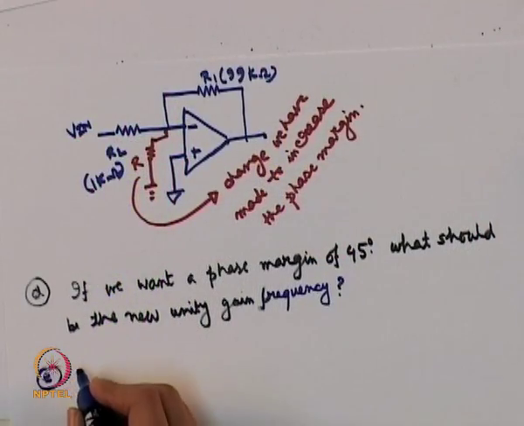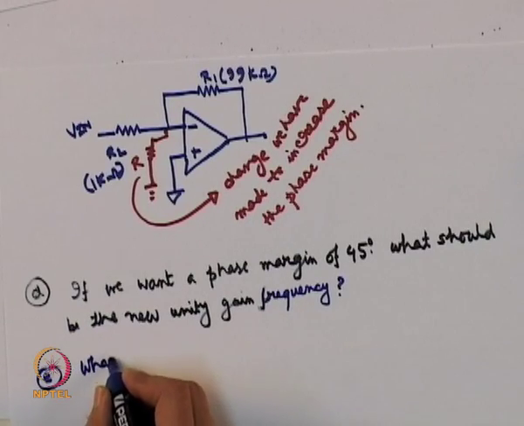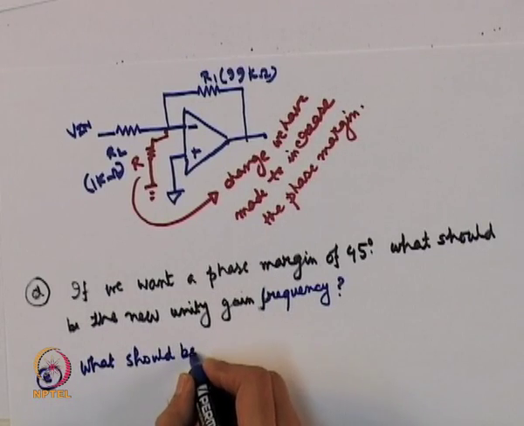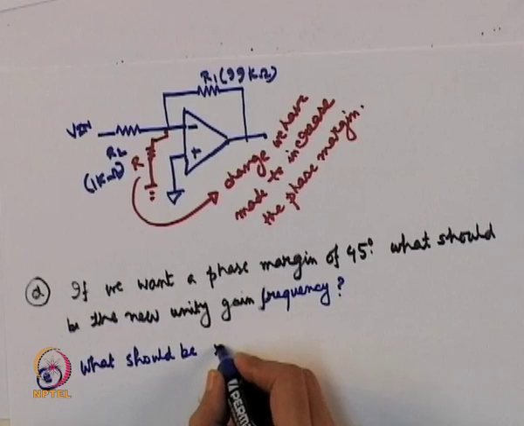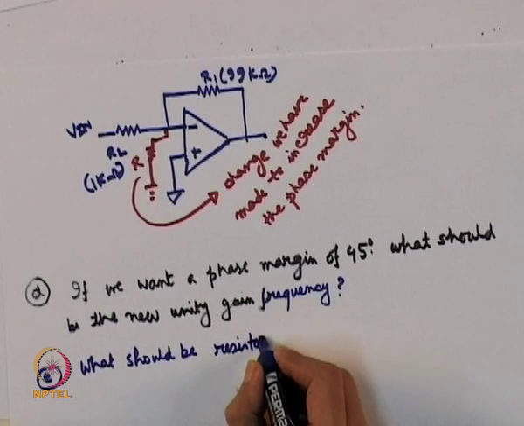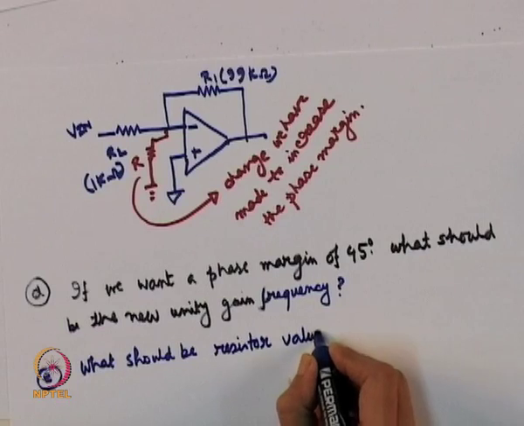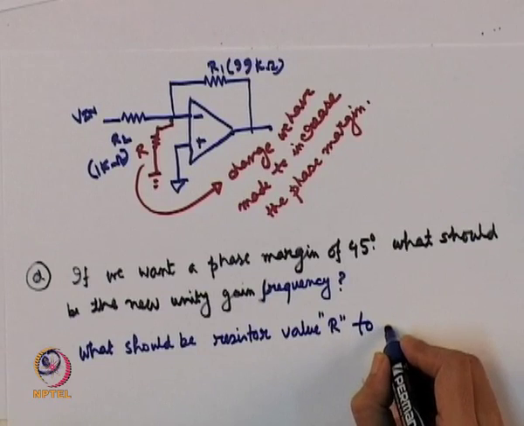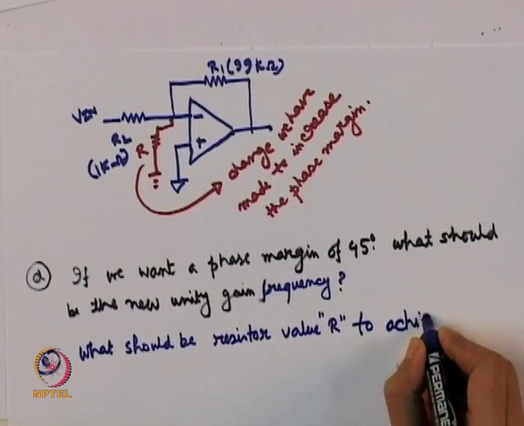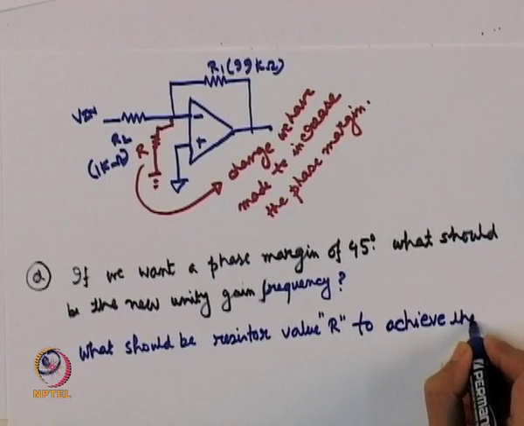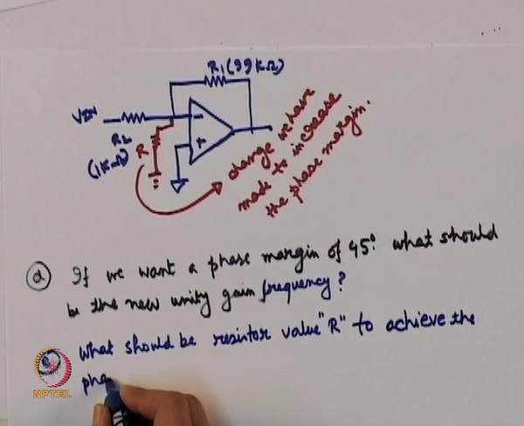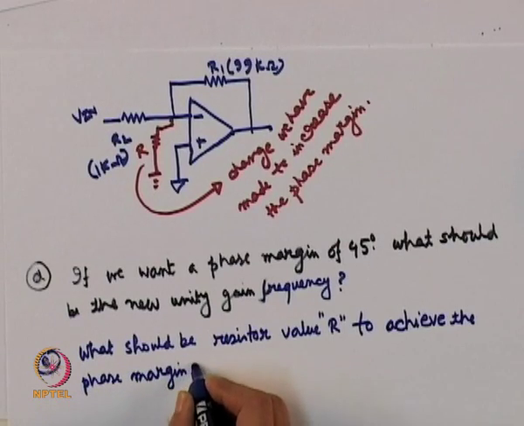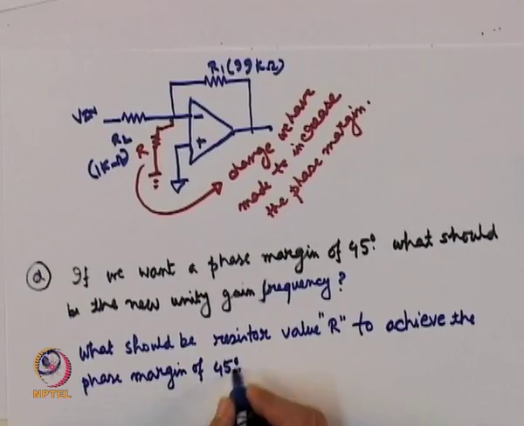And the last part is the value of the new resistor. What should be the resistor value R to achieve the phase margin of 45 degrees.